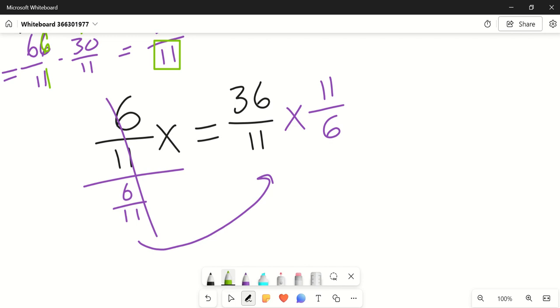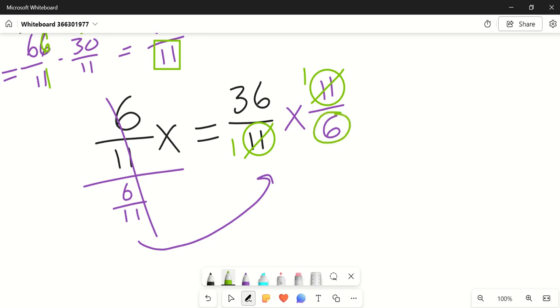Guess what? It's time for cross simplification. Both of these are 11. Remember, when you have the same number across from each other, they just both become 1. So cancel those out. And then 6 and 36 do have common factors. What number can go into both? 6. Guys, pay attention to the cues. I pointed. I didn't say ladies and gentlemen.